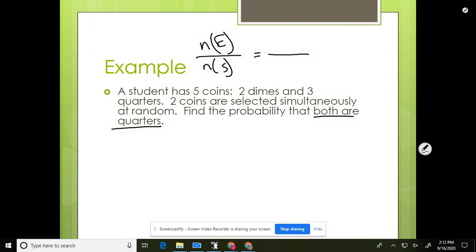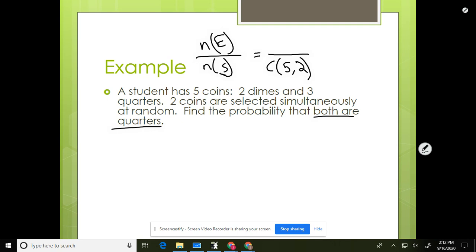Let's start with the denominator, all the possible ways that can happen in my sample space. I have 5 total coins, and I'm picking 2 of them. That's combinations, C(5,2). My numerator is the event that I'm looking at, in this case both quarters.